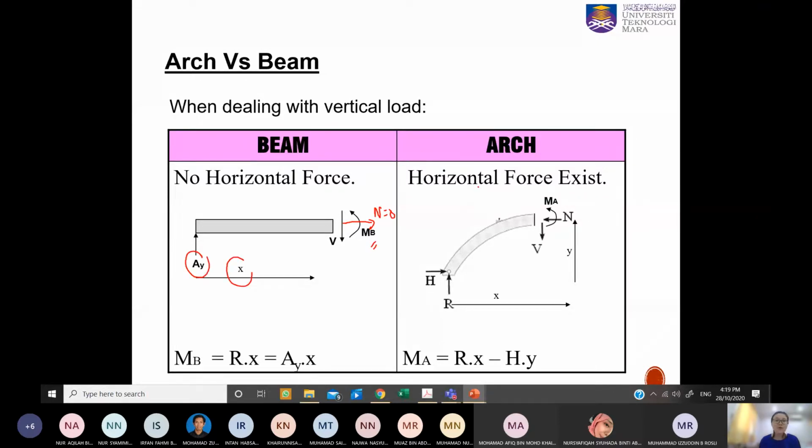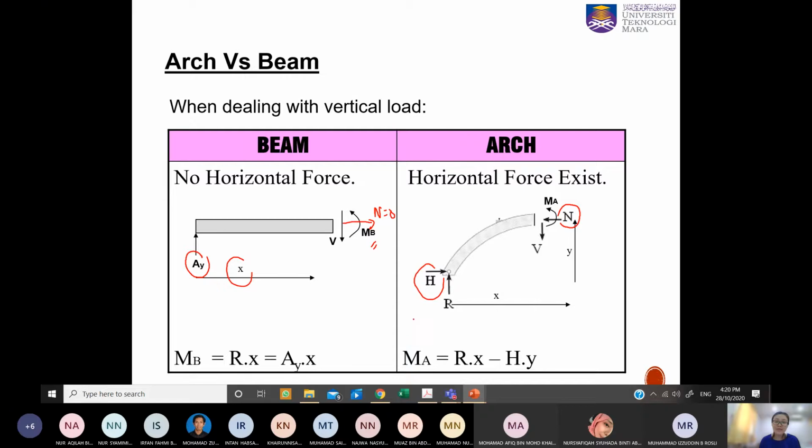Okay, but for the arch, even though there is no horizontal force or external load on top of this system, due to the self weight we will have this axial force exist. And the H here will have some value.